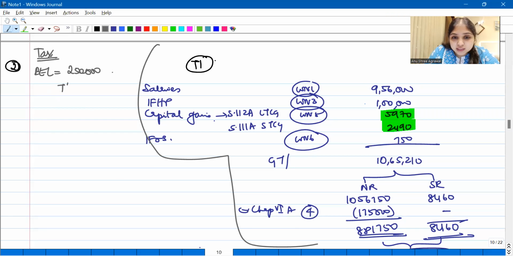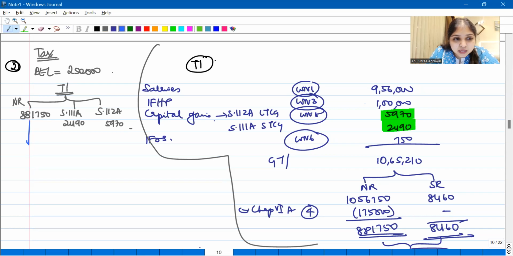So if you see the total income of my assessee, it is in parts. I have 8,81,750 of normal rate income. In fact, it is three parts. Then I have 111A STCG of 2,490, and then I have 112A LTCG of 5,970. The whole basic exemption limit will be adjusted against normal rate income itself. So on normal rate income, what will my tax be?